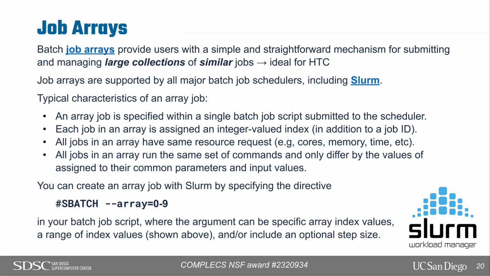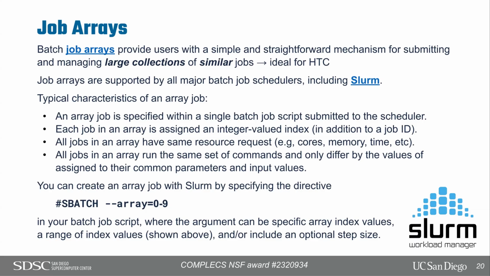Job arrays are a structure that basically any batch job scheduler will have built in. I don't know any that doesn't. What it allows you to do is take your job script and add another attribute to it that allows you to launch multiple versions of that job on the same system. In our first example, we were requesting one CPU core and 1 gigabyte of memory to run that one job.